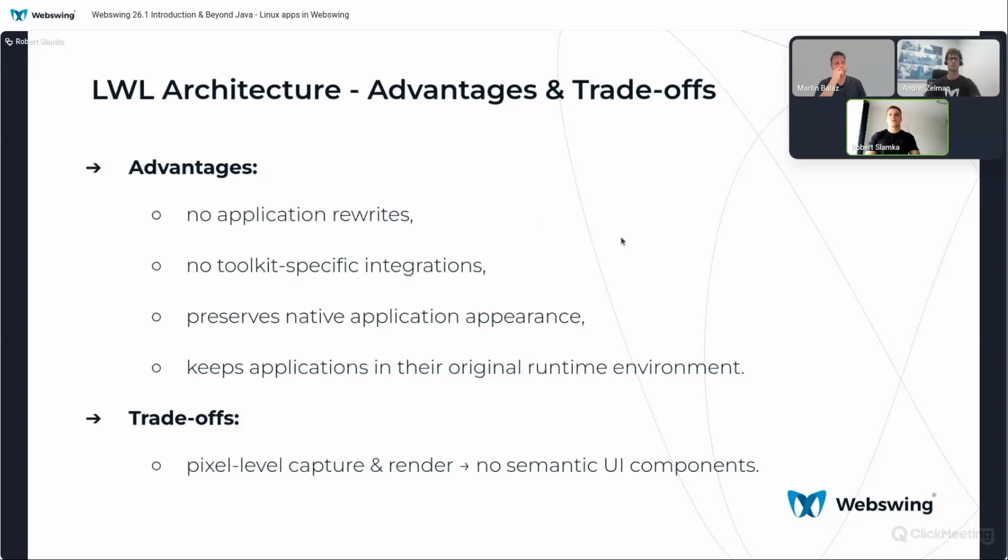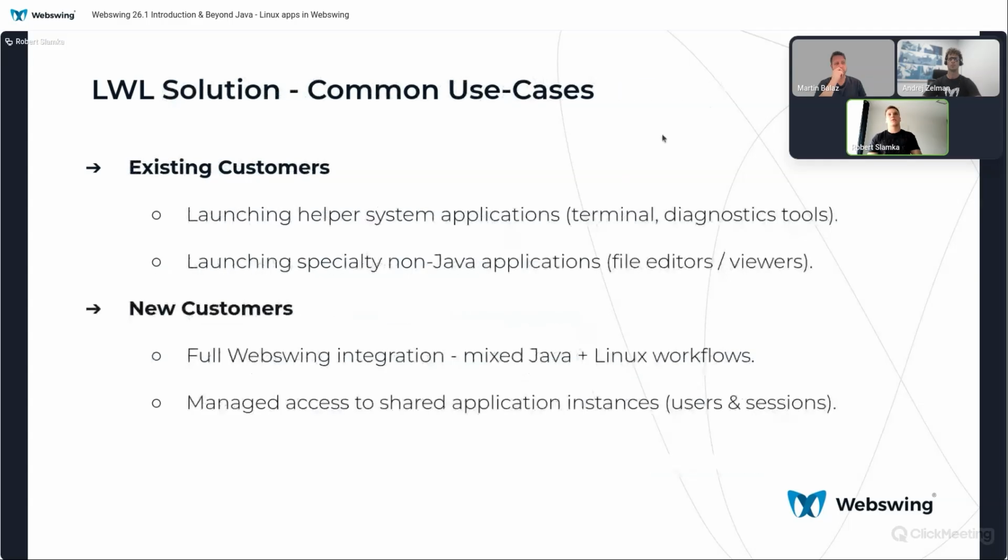With advantages and trade-offs being clear, we can move on to common use cases. We believe that both existing and new customers can leverage this solution and benefit from it. When it comes to existing customers, the most common use case is launching either helper system applications or specialty non-Java applications, such as file editors or viewers.